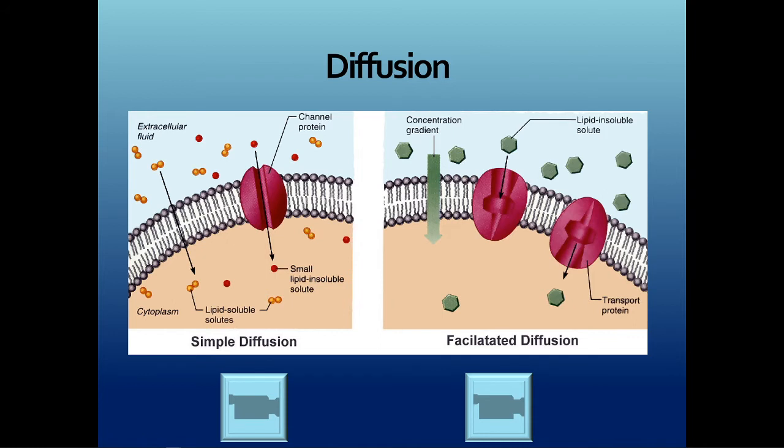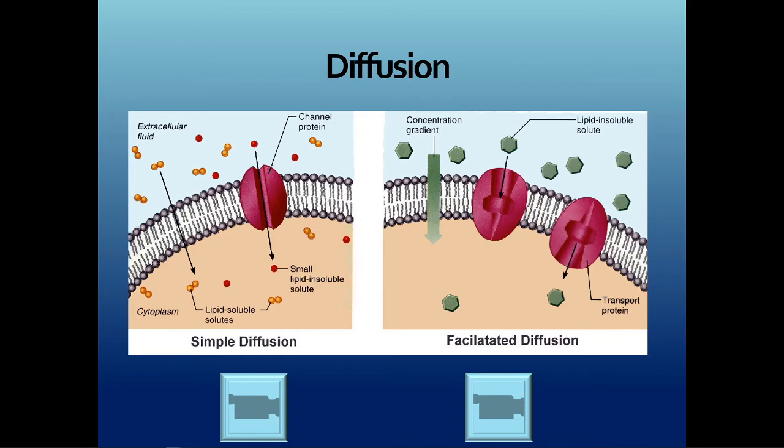With simple diffusion, typically it's things that are non-polar, so they don't have a charge on them, or they're lipid soluble. Those can easily pass through. So some very small molecules. And they're moving from an area of high concentration to an area of low concentration. Diffusion is always high to low.